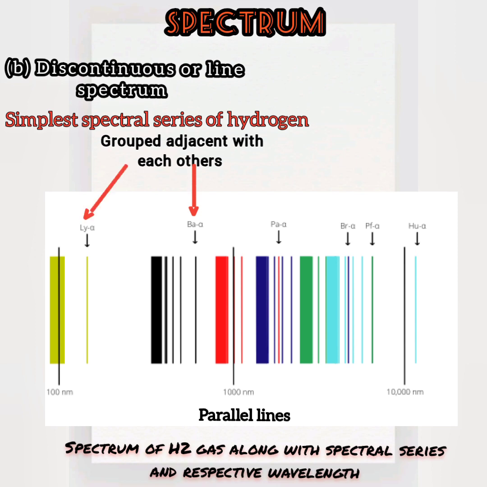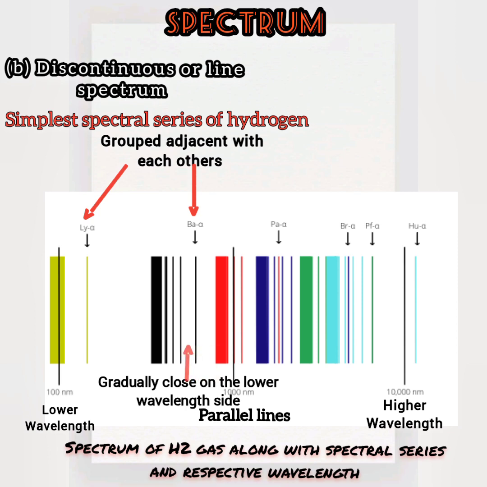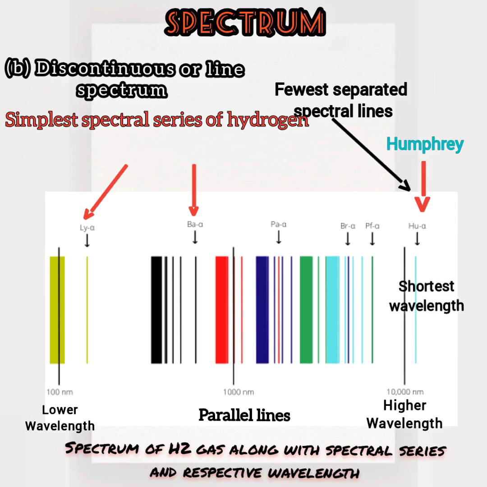Moving from the higher to lower wavelength side, the lines will be further apart on the higher wavelength side and gradually closer on the lower wavelength side. The series limit is the shortest wavelength, with the fewest separated spectral lines.